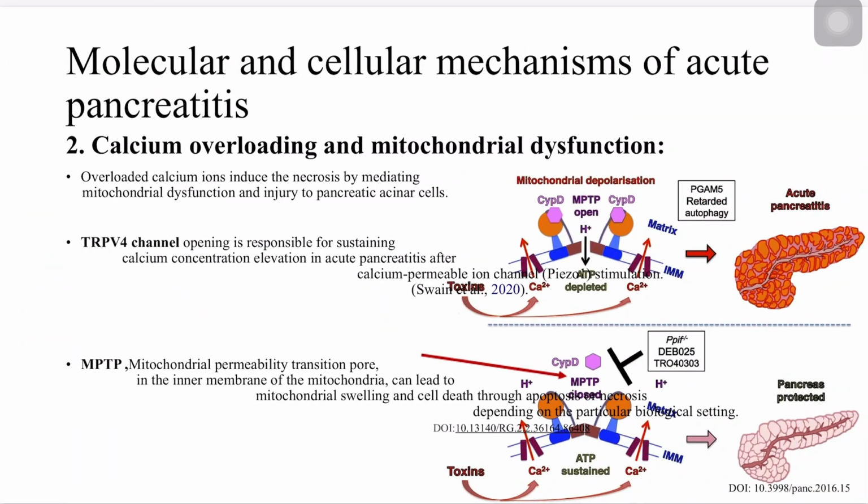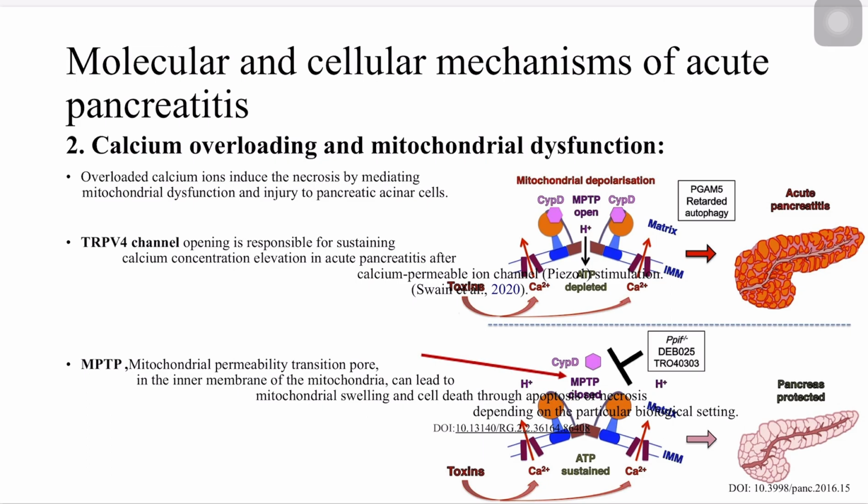The second mechanism which is important in the molecular and cellular mechanism of acute pancreatitis is calcium, because calcium overloading and mitochondrial dysfunction can happen. Overload of calcium can induce mitochondrial dysfunction and injury of the pancreatic acinar cell.